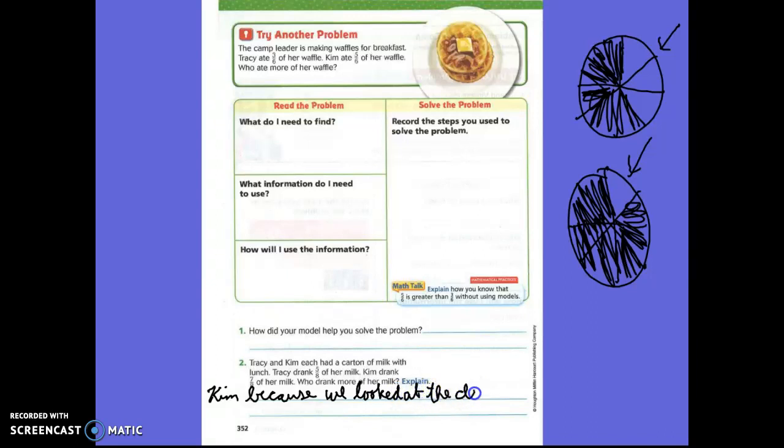It tells us that the milk is split into equal pieces.